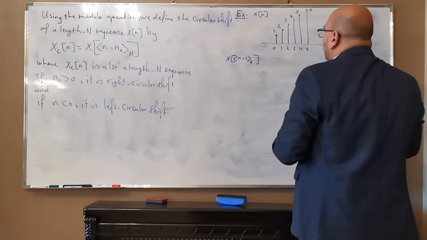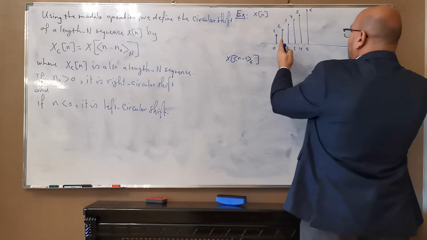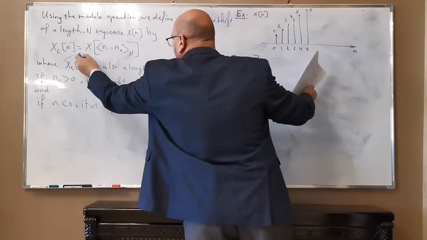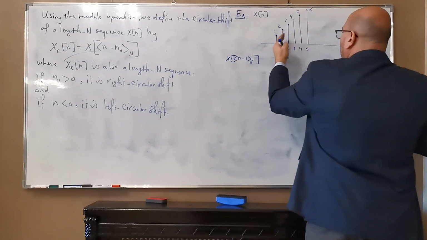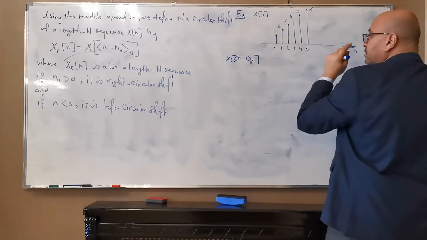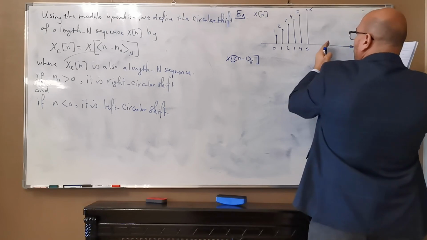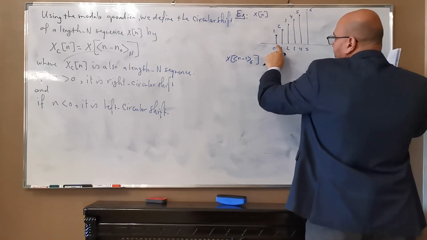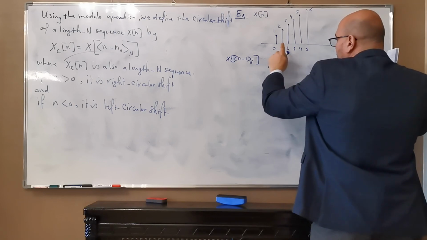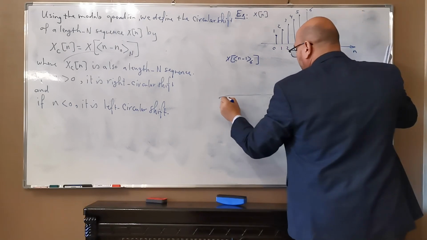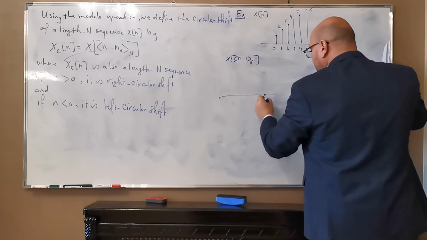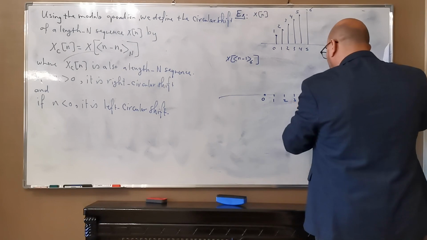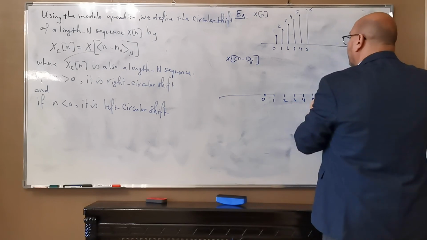What we mean by circular shift here is that the sequence has exactly the same length. So when you shift it to the right by 1 step, the last one will go here, circle around, and enter the empty space that we are going to have here.